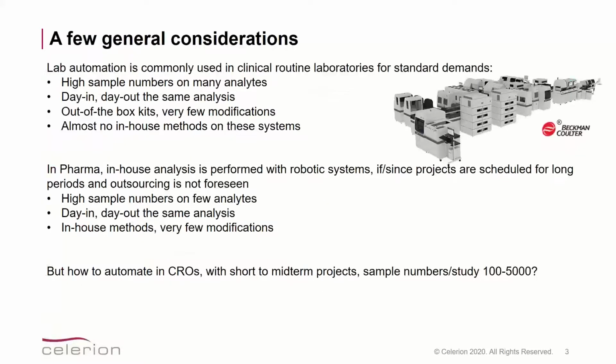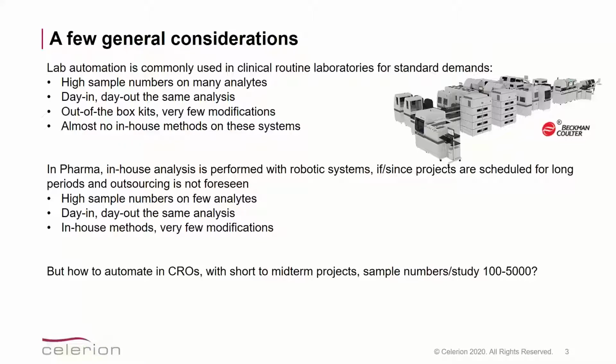When we talk about lab automation, we need to consider the field of usage. In routine clinical laboratories, the use of fully automated analysis systems has been standard for several decades. The applications are always the same, with little to zero modifications.